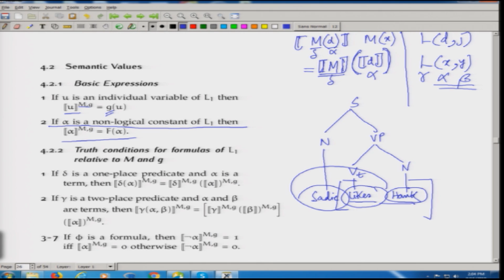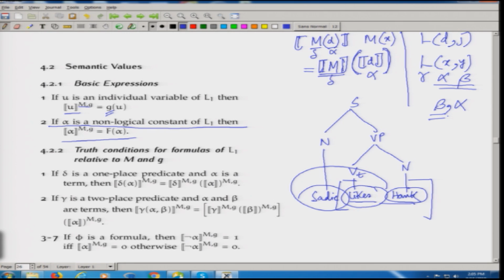So, although the order in language is alpha beta, the order of the functional treatment is beta alpha, because beta first unites with the 2 plus predicate. So, it is always beta alpha. Alpha beta is our linguistic order, but beta alpha is our functional order. So, the function will take first beta and then alpha.